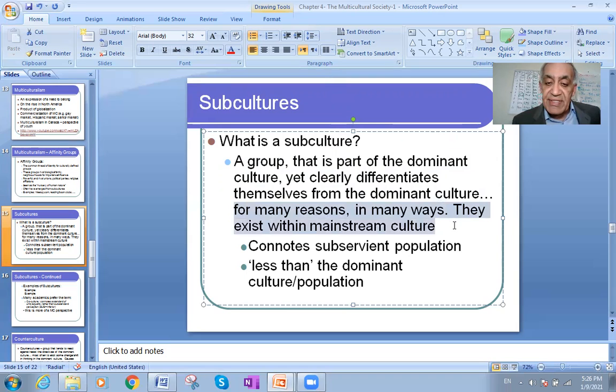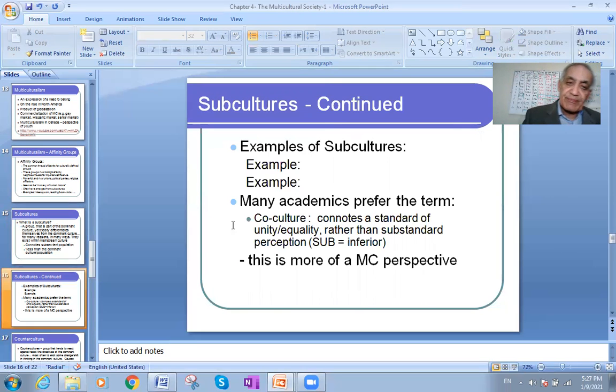They exist within mainstream culture. They came out of one culture, divided into subcultures. It is always less than the dominant culture, because subcultures are small, minor.